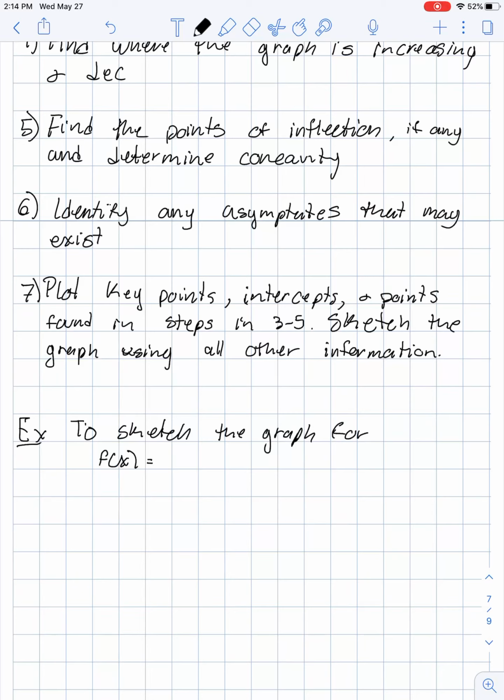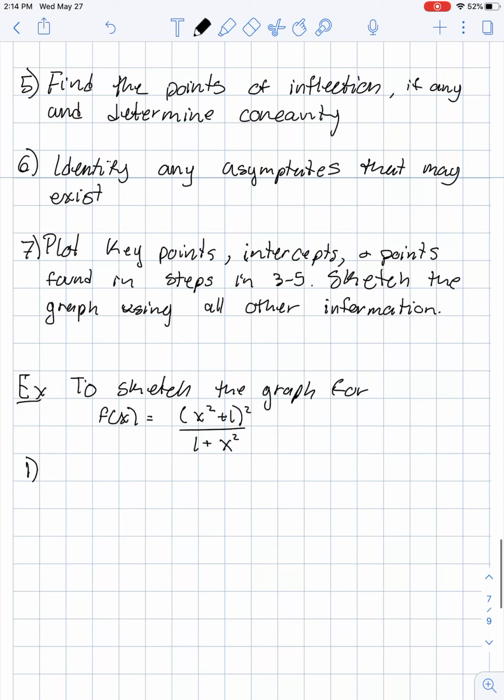for f of x equal to x squared plus 1 squared over 1 plus x squared. All right, so step 1, domain and symmetries. So this is a polynomial over a polynomial.